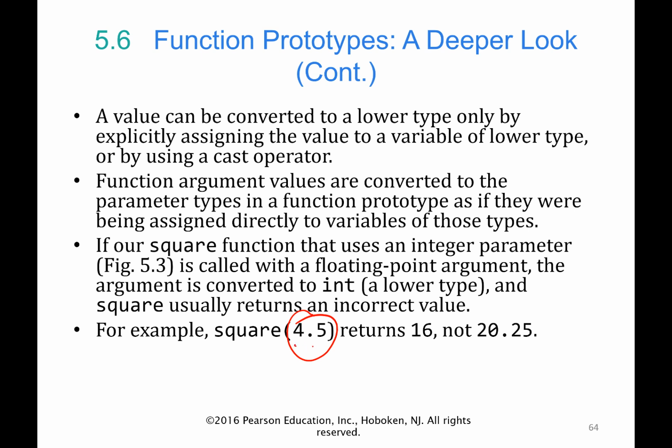Then we turn right around and pass a floating point number, and it just truncates it, which is not what we wanted. If we want the square of 4.5, we should have written our square function to receive a floating point number and return a floating point number. We wrote it to receive an integer and return an integer, so when we pass it a floating point number, we get the wrong result.